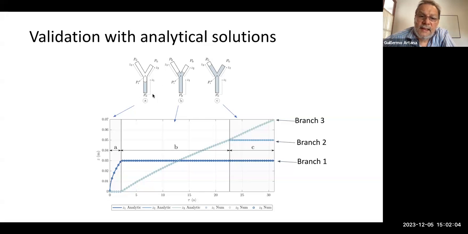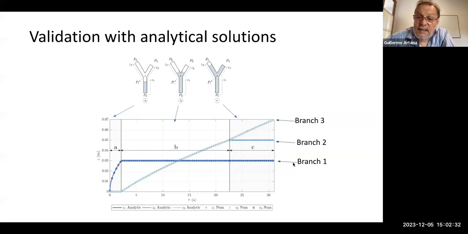We have three phases here. Phase A is the one in which only the first channel is filled. In phase B, channel 1 is already filled, and you start to fill channel 2 and channel 3. Phase C is the case in which channel 2 has also been filled, and channel 3 is filling.